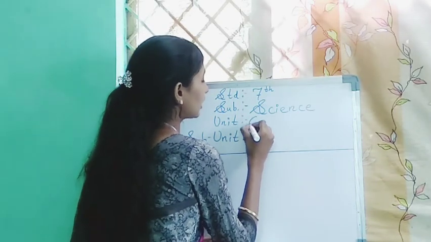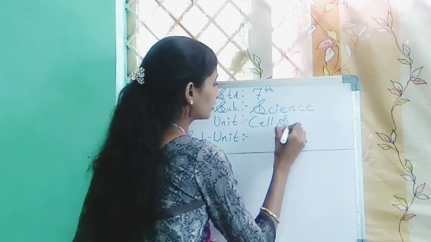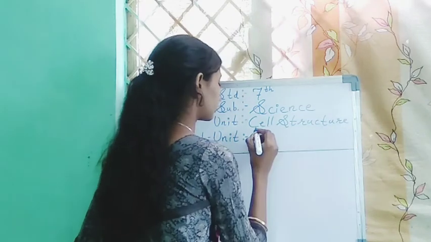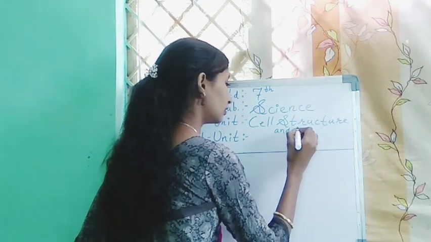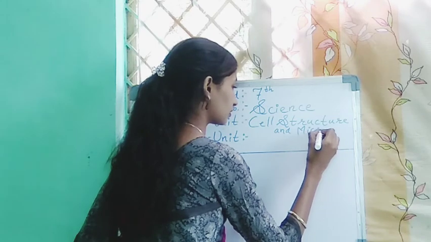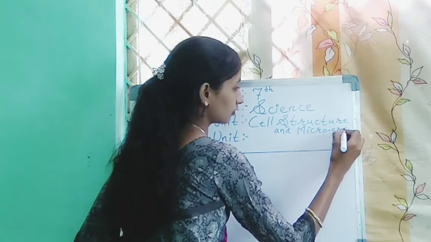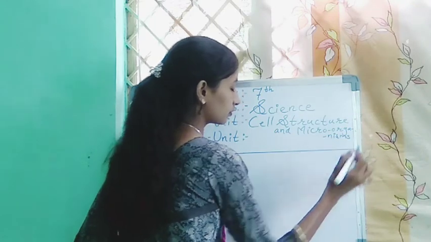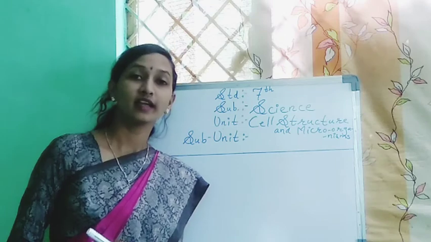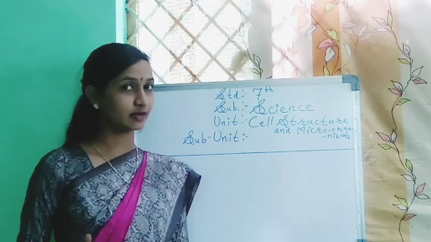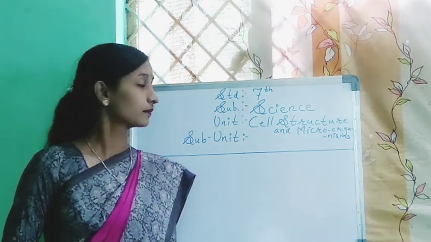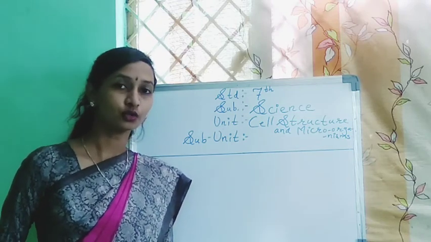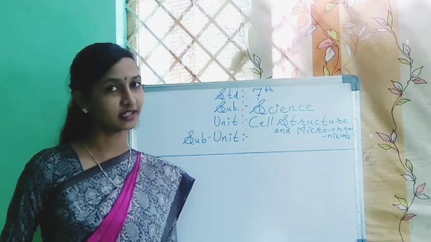That lesson's name is cell structure and microorganisms. So, in this lesson we will learn various types of subunits with the help of PPT, that is PowerPoint presentation. So, let's get started with that PowerPoint presentation.